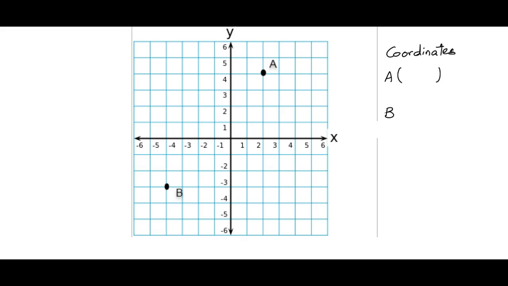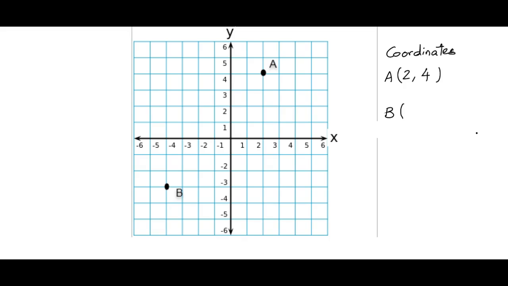The first number is the x value of the point. If you notice this particular point here, the value on the x-axis is a 2. So the x coordinate of point A is going to be a 2. And the y coordinate, or the value on the y-axis for point A, is a 4. So the y coordinate of point A is going to be a 4.